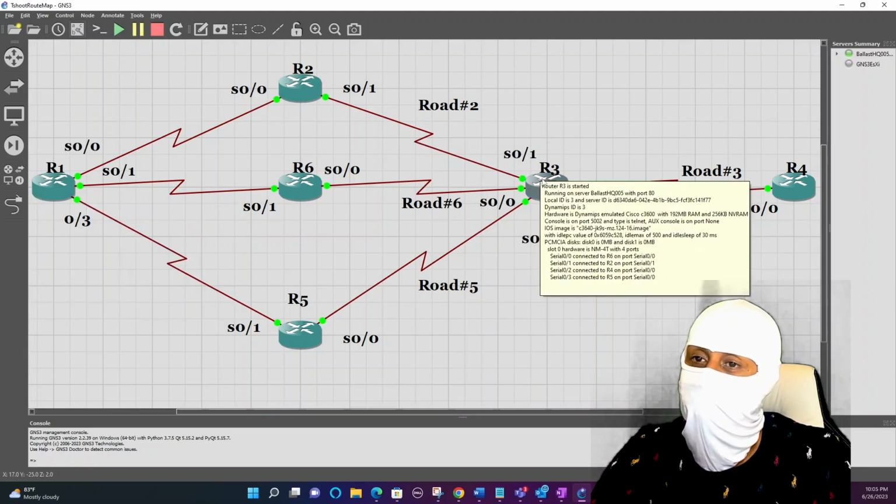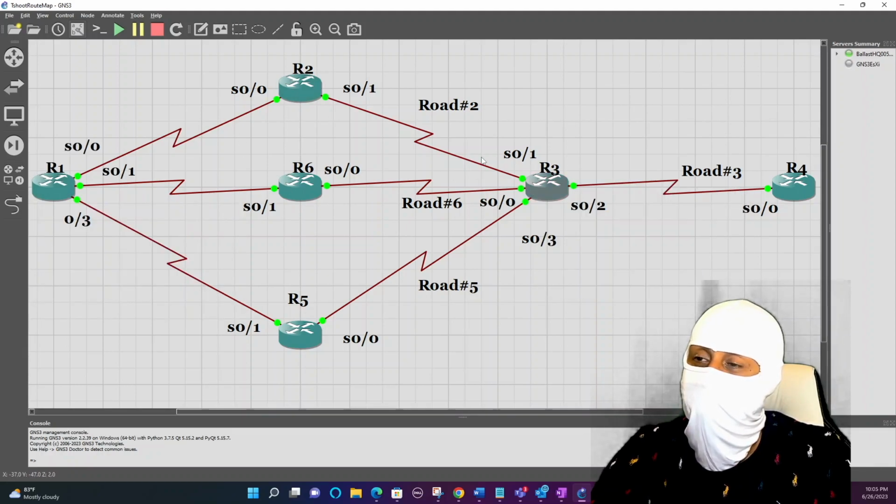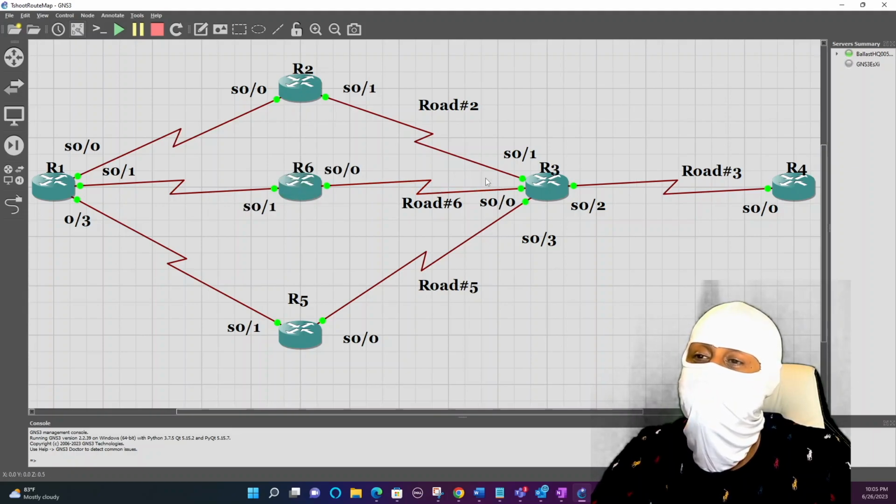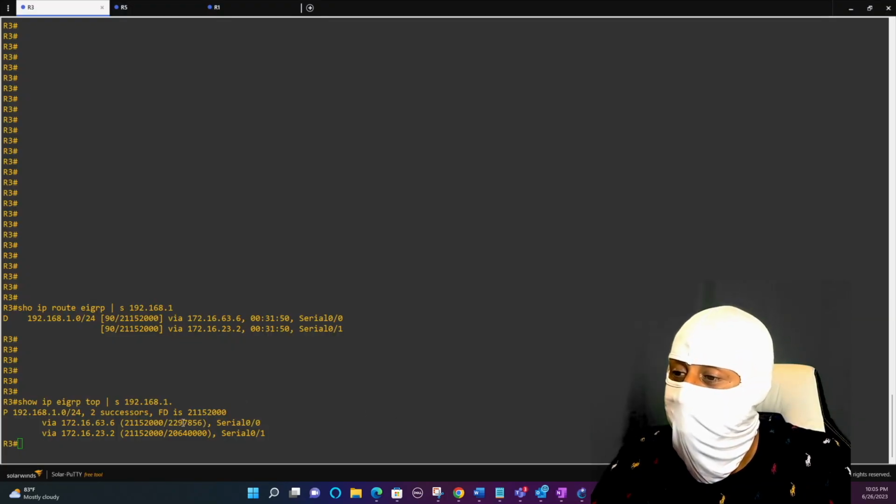You see both these paths, to get all the way from here to here, there's cable lengths and all different things that are involved, right? All these kinds of metrics and calculations, bandwidth, delay, all of this stuff is calculated into the reported distance, and then it spits out this number. So that's the reported distance. That's the metric it takes to get from router 6 to this destination.